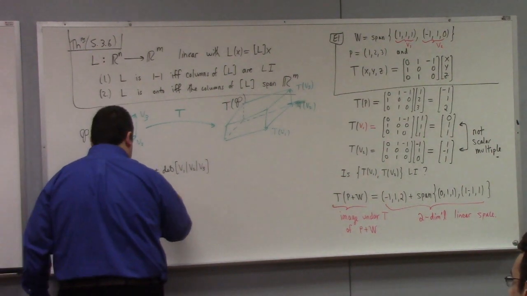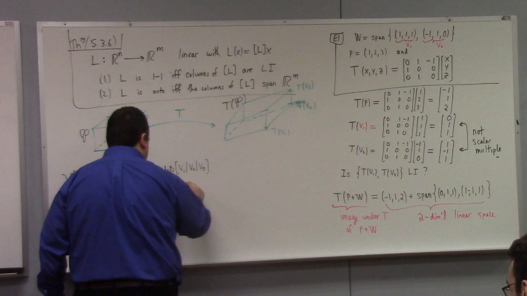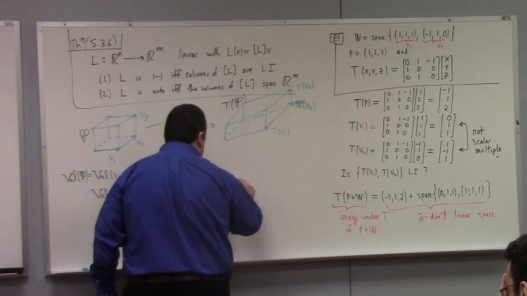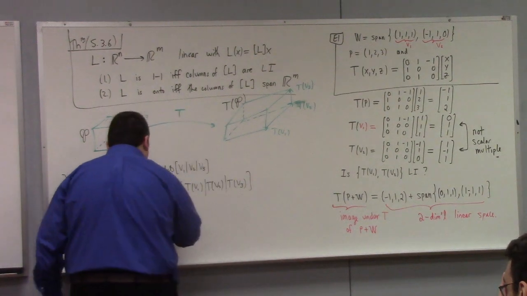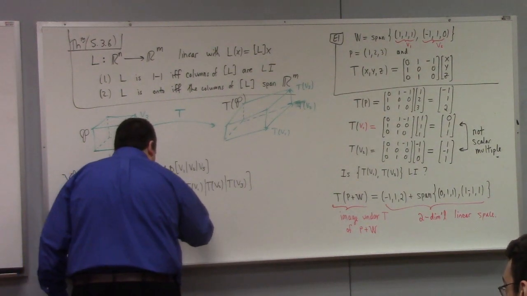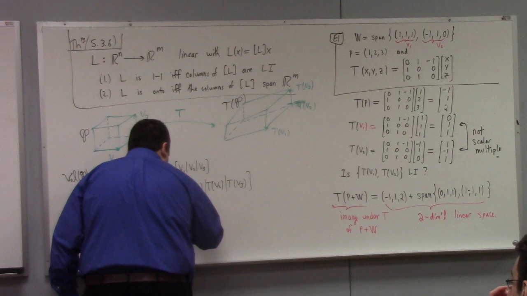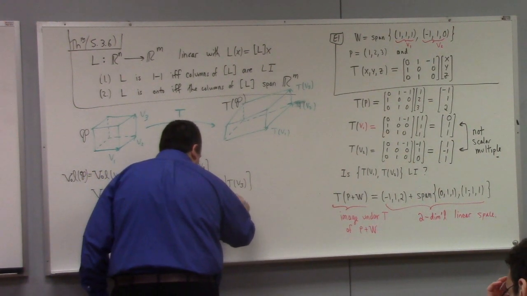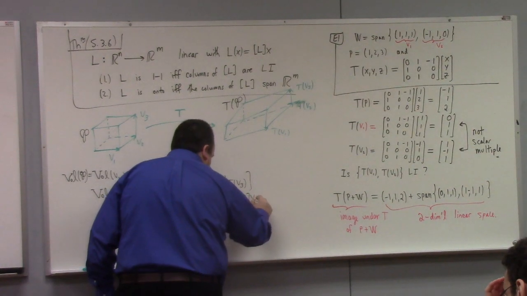It would be plus or minus the determinant of T of v1, T of v2, T of v3. Aha! But that is plus or minus the determinant of the standard matrix of T times v1, the standard matrix of T times v2, the standard matrix of T times v3.